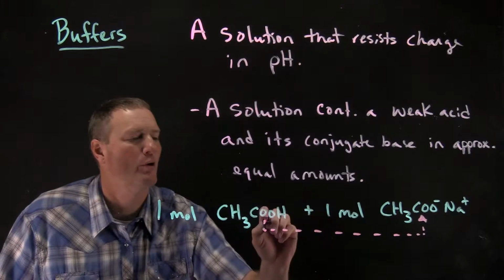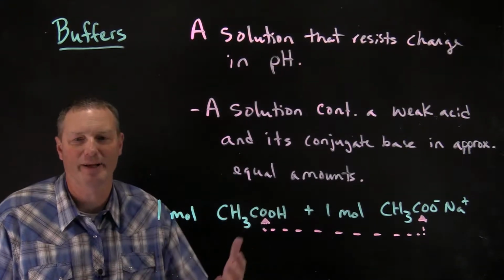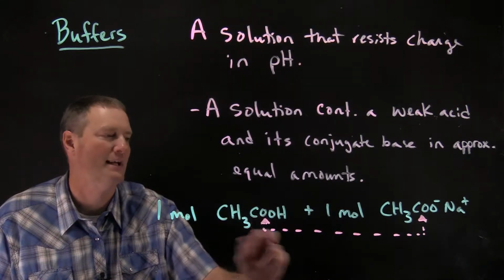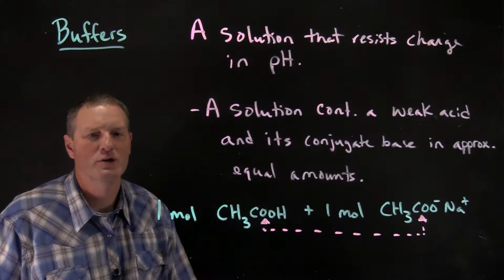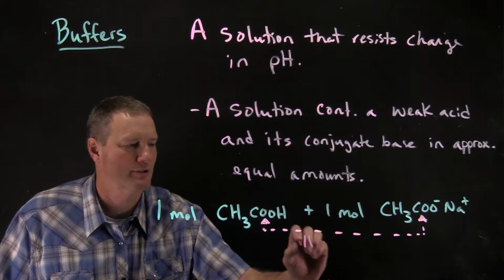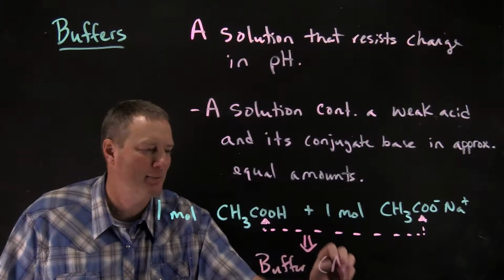And that's a really important point about buffers. You can't just mix any random acid and any random base and come up with a buffer. It has to be a weak acid and its conjugate base. So if I were to mix those in solution, this would give rise to a buffer solution called the acetate buffer.